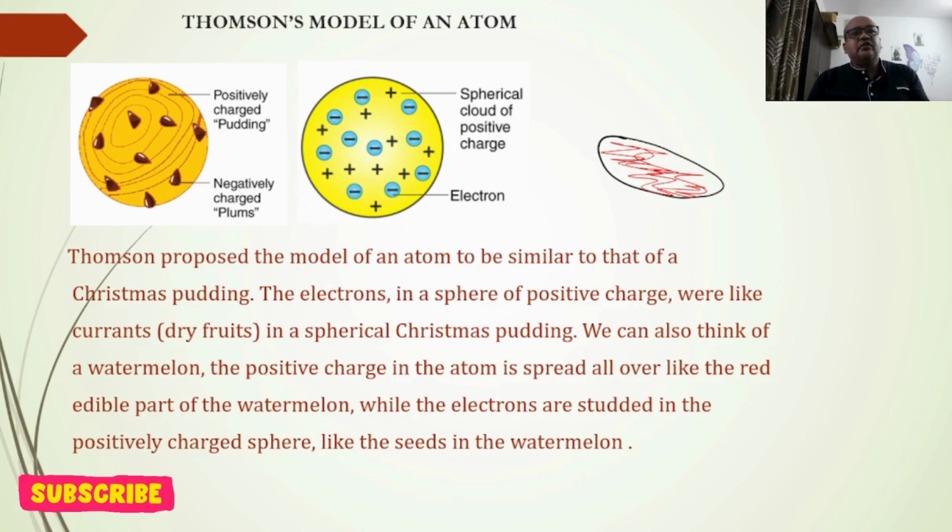Let me put the electrons this way. So these are the electrons spread in the edible part of the watermelon. In the positively charged sphere, these electrons are there, and the sphere is of a positive charge. So this is what the Thomson model taught us.